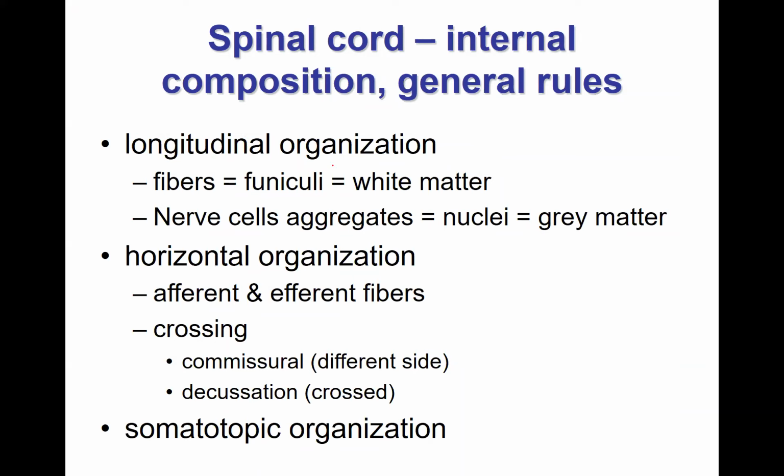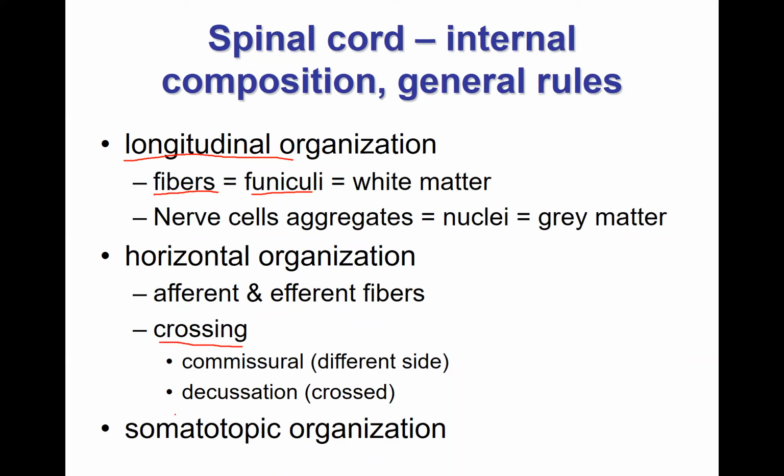The tracts we have organized longitudinally. The tracts are composed of fibers, and big bundles of fibers we call funiculi: the anterior, lateral, and posterior. Horizontally, of course, some of the fibers cross.